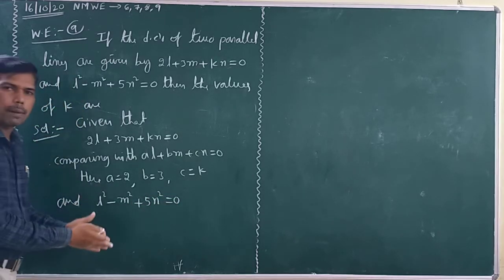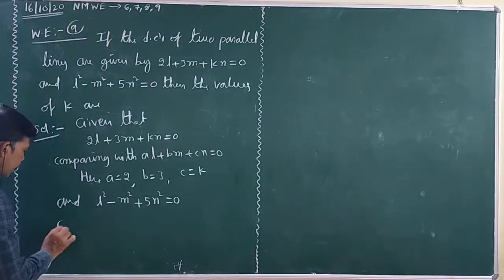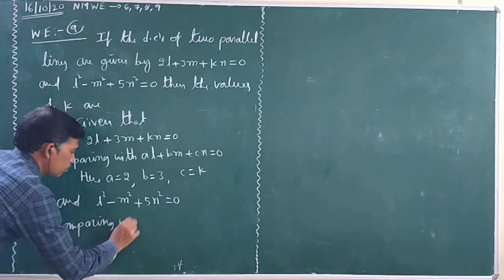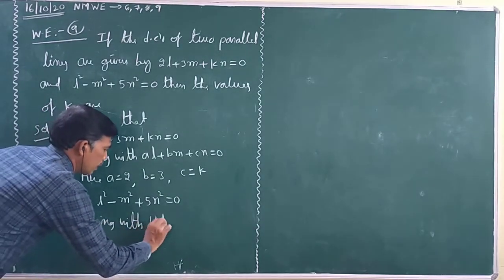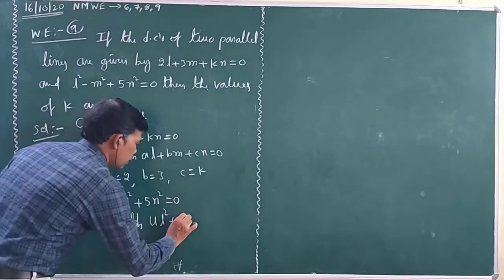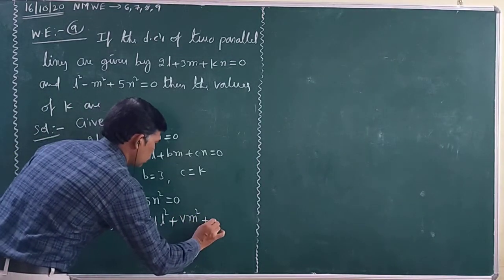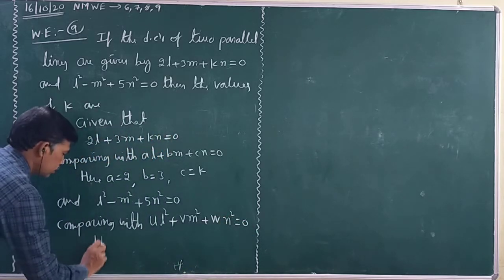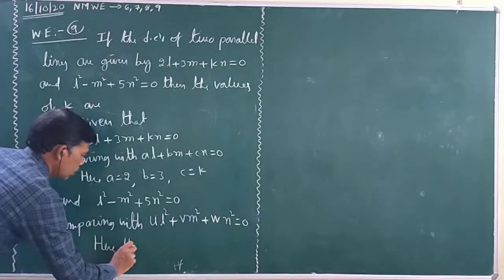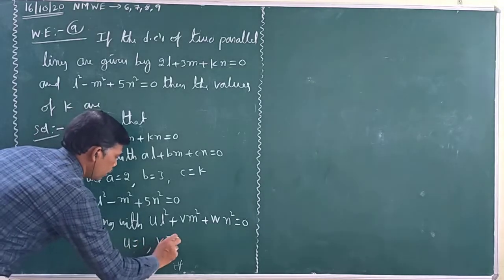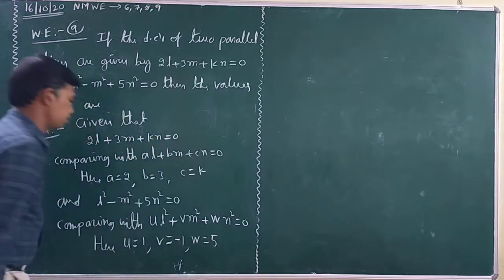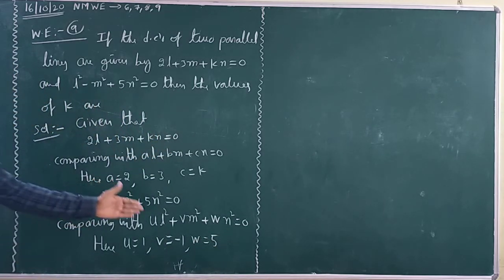This equation, comparing with Ul square plus Vm square plus Wn square is equal to 0, here U is equal to 1, V is equal to minus 1, W is equal to 5.